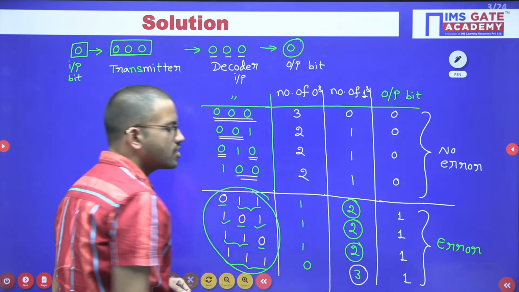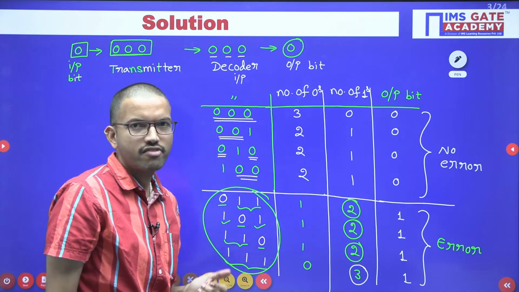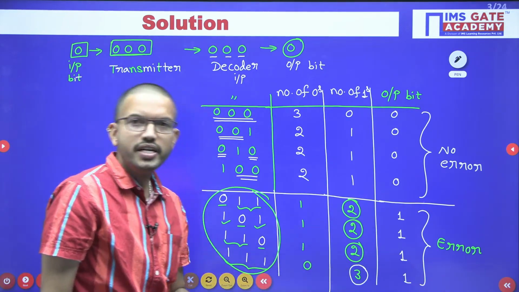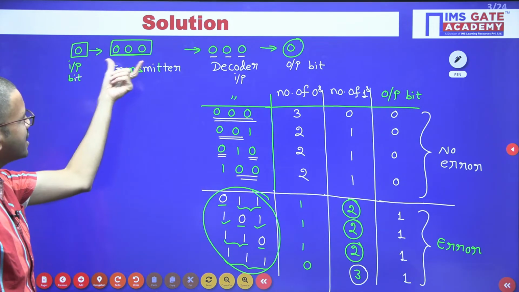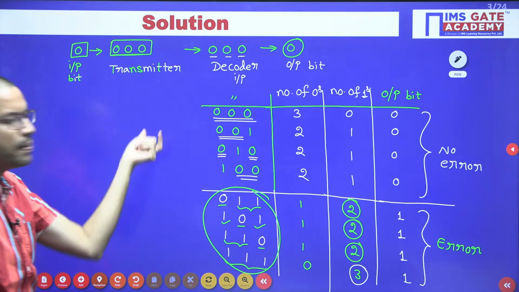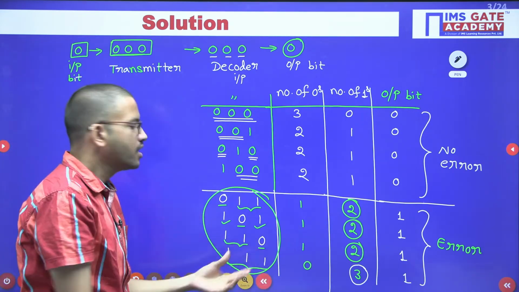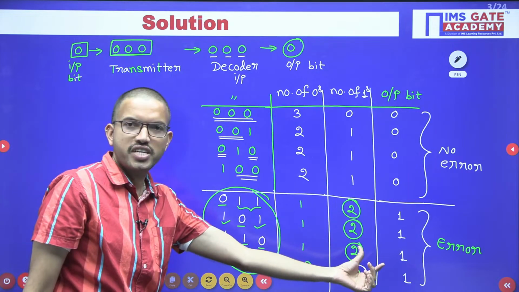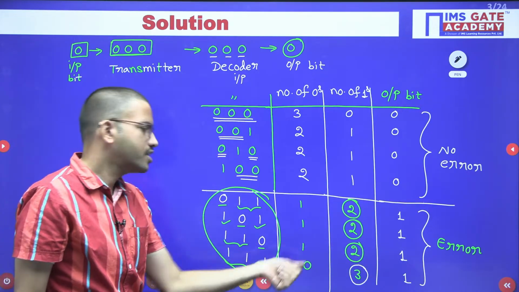So you get one more possibility, r equal to 3. Initially all 3 bits are 0, but due to some reason, if all 3 bits become 1, then also you get the final output as 1. In this case, all 3 bits are in error, so r equal to 3.